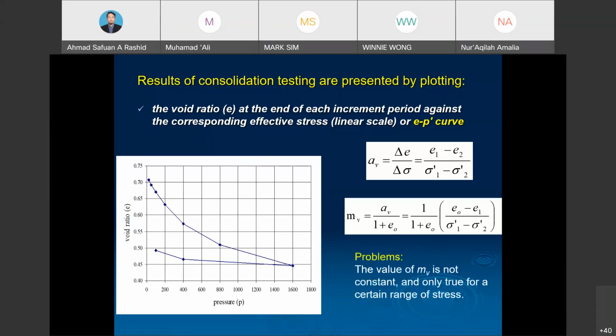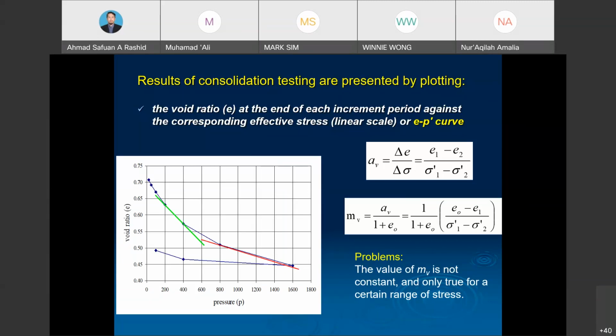The problem is that mv is not constant and is only true for a certain range of stress. For example, the green tangent line shows the range for the first mv, which is within 0 to 600 pressure, while we have pressure from 600 to 1600 representing the value for the second mv.